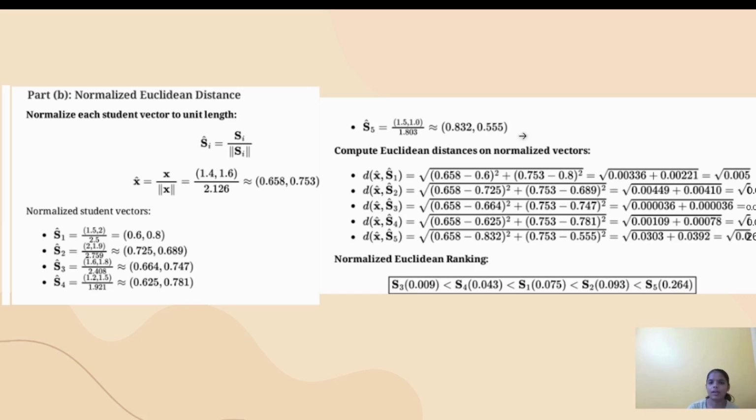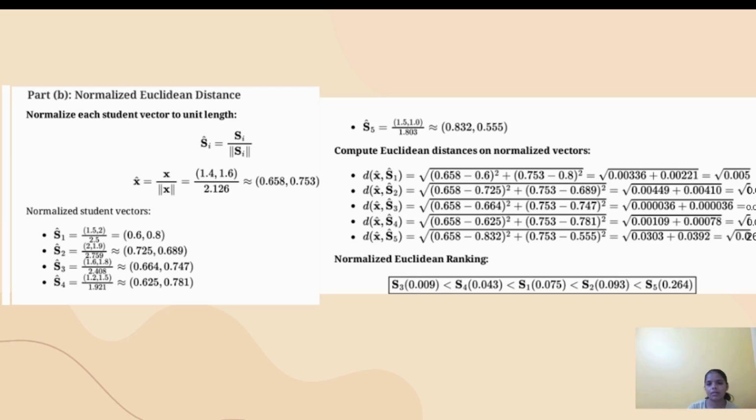Now substituting them into our Euclidean formula. As our query vector gets normalized to 0.658 and 0.753, our x1 and x2 values are 0.658 and 0.753. And here we will substitute the normalized student vector values. So for student S1, our values are 0.6 and 0.8.